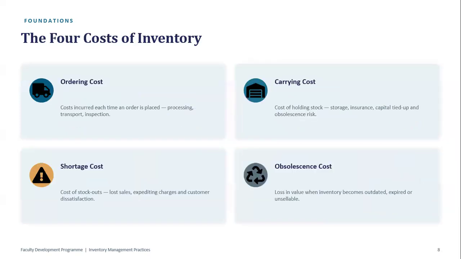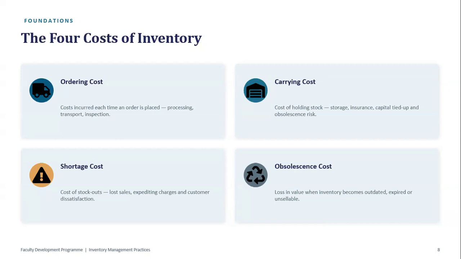Next, we will see the four major costs of inventory. Inventory decisions involve four major costs. Ordering cost includes expenses associated with placing purchase orders. Carrying cost includes warehouse rent, insurance, handling, capital investment, and deterioration.